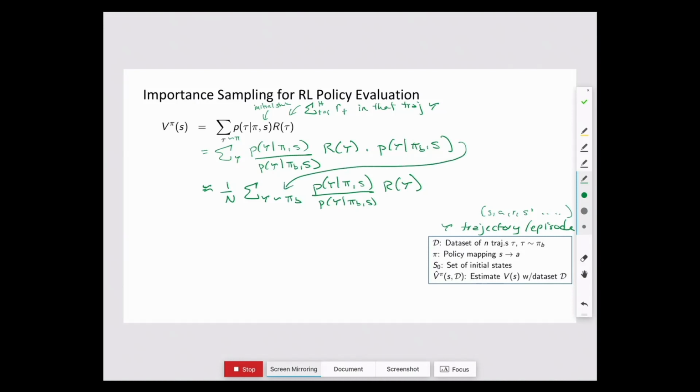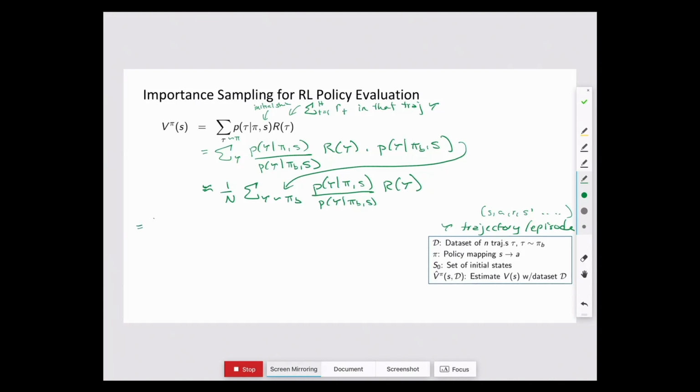Okay. So the next question should be, well, how do we actually evaluate the probability of a trajectory under the policy? And remember that we don't know the dynamics model right now, so that should be slightly concerning. But the great thing is that it turns out the dynamics models cancel.